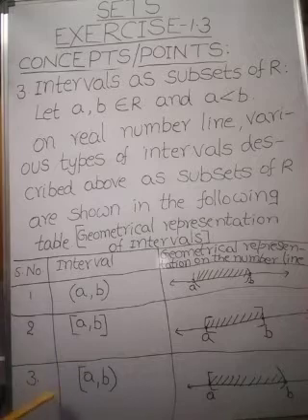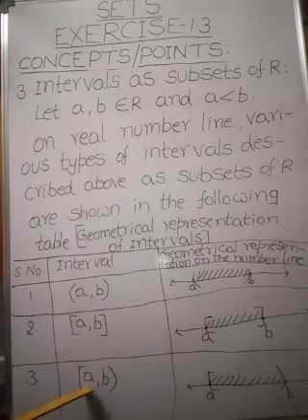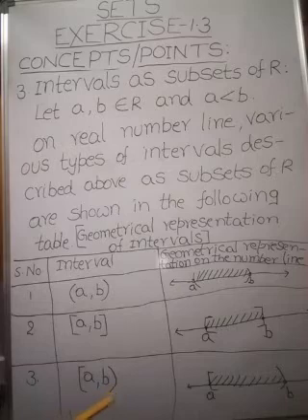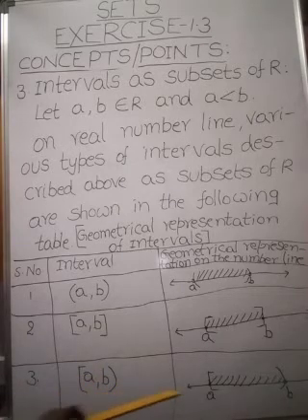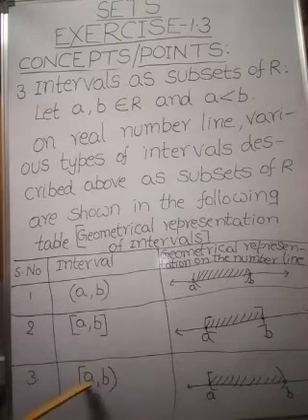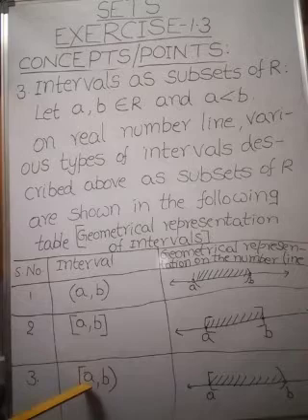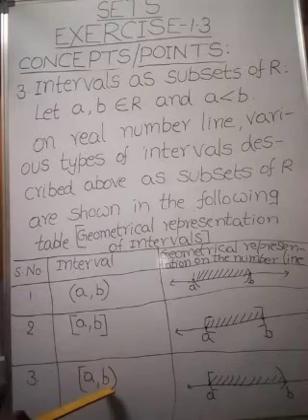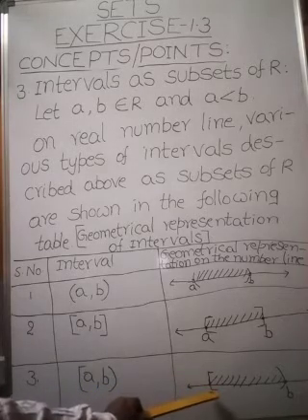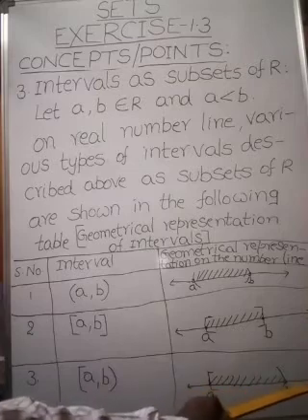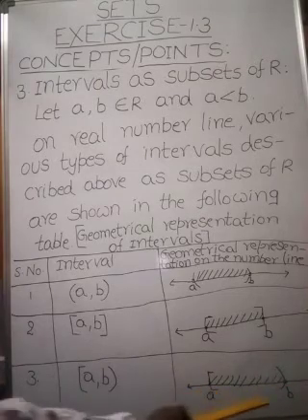Now the third interval, left closed, right open interval a comma b. In this interval, if you observe, a is an element, a is also included in that interval, but b is not an element. So we are representing this interval on the number line like this. See here a, here b.